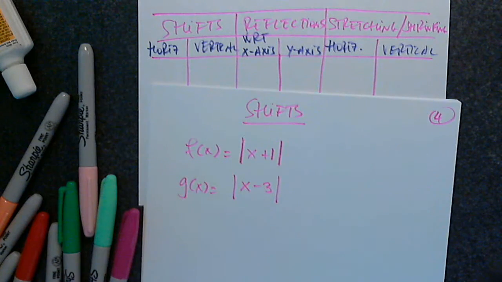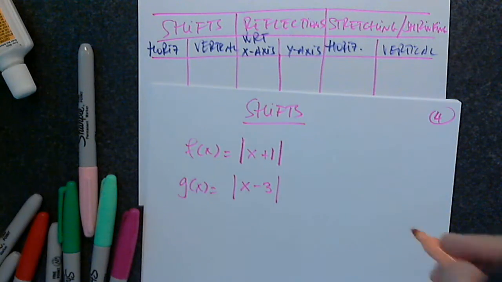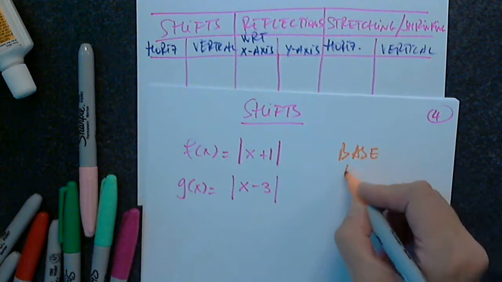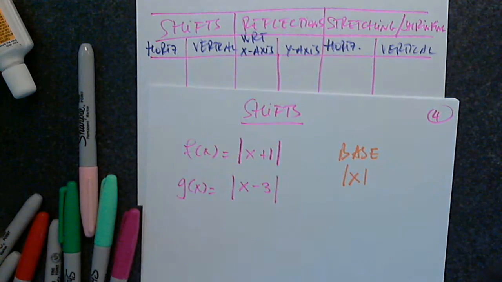We're asked to graph these functions using transformations. Okay. What is the base function or the basic function that I used from the list of 7? Of course. So the base function is the absolute value of x.